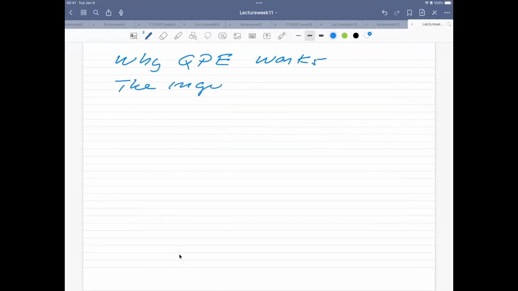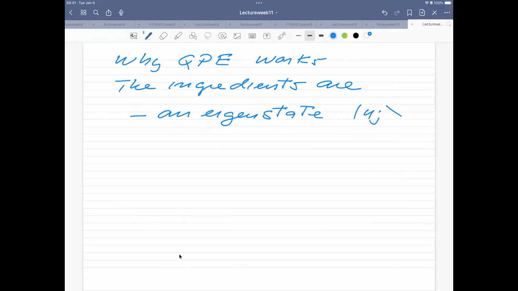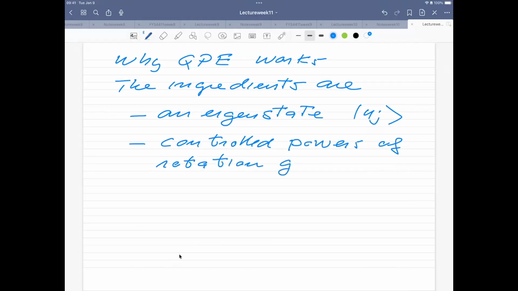The ingredients of the algorithm are: one, an eigenstate u_j of U; two, controlled powers of rotation gates, and I'm coming back to this when we look at things in more detail; and then finally, there is an inverse Fourier transform.